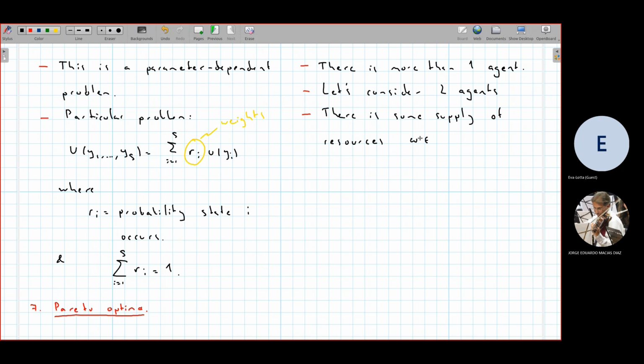And this is a number which is greater than or equal to 0. These resources must be allocated between these two agents, must be distributed.